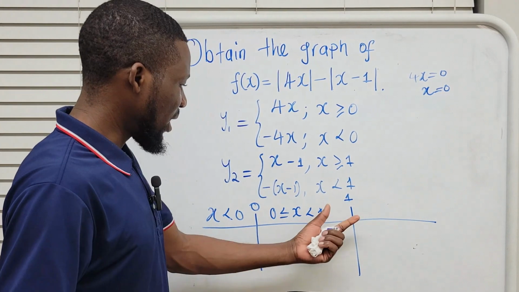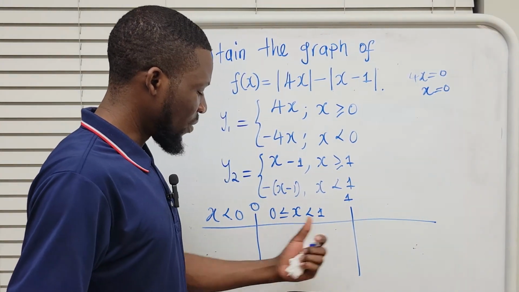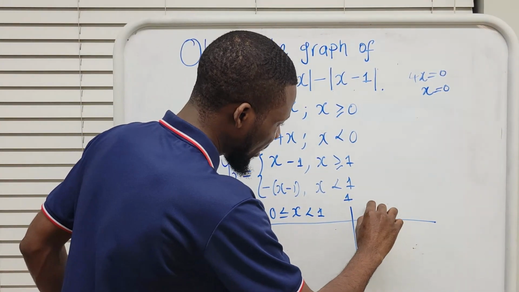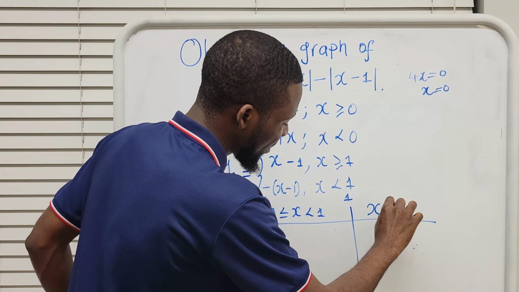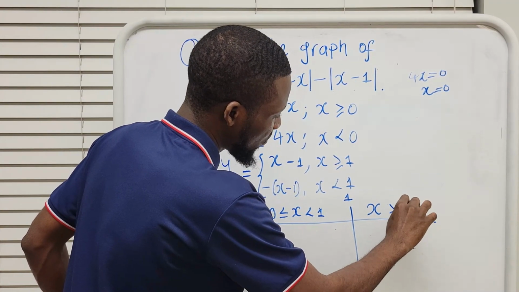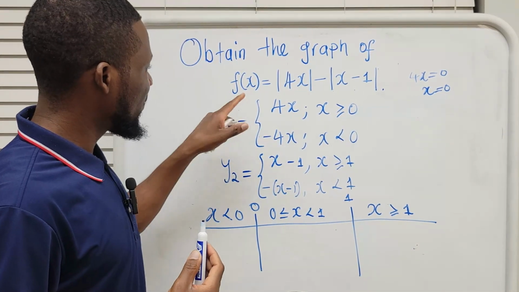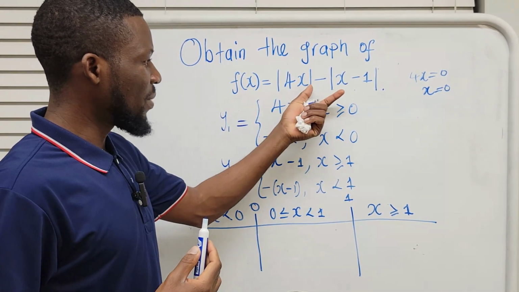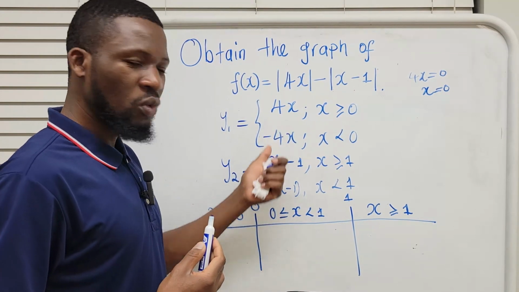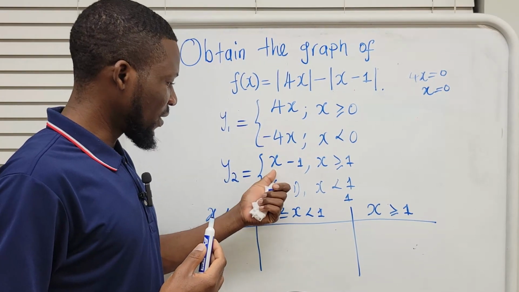Okay, so these are values that are between 0 and 1. Now at the end we have x greater than or equal to 1. Okay, now observe that f of x is the sum of these two piecewise functions.